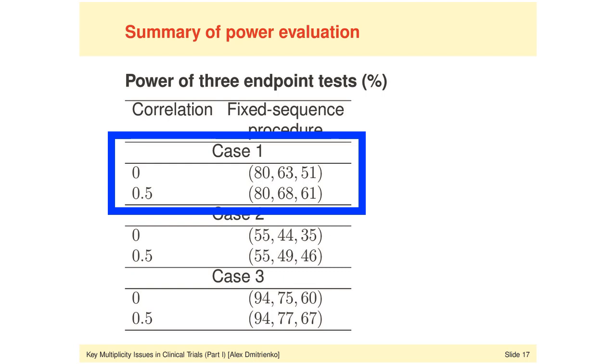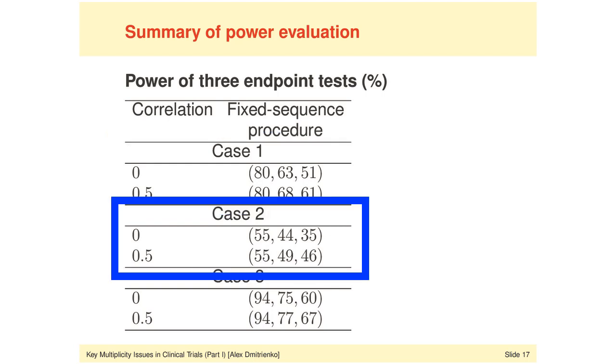So in the case of independent endpoints, the results are clearly worse. When we assume that the common correlation coefficient is 0, then power after the multiplicity adjustment for the last endpoint is 51%. We went down from 80%, the original marginal power before the multiplicity adjustment was reduced by almost 30 percentage points, down to 51%.